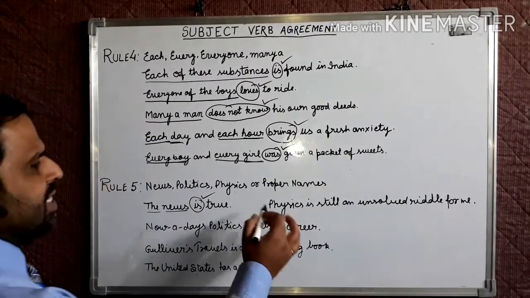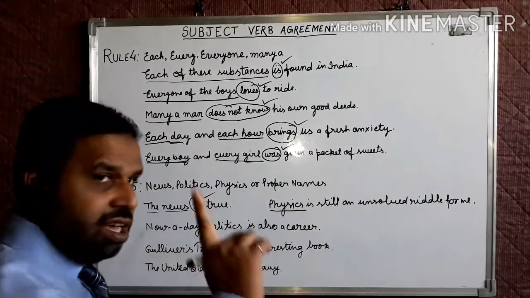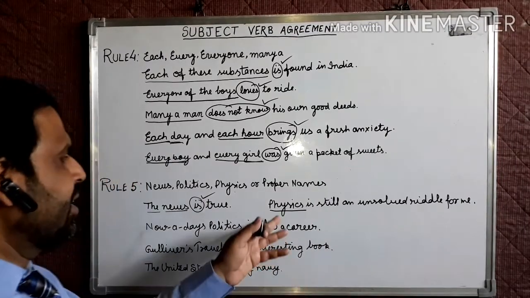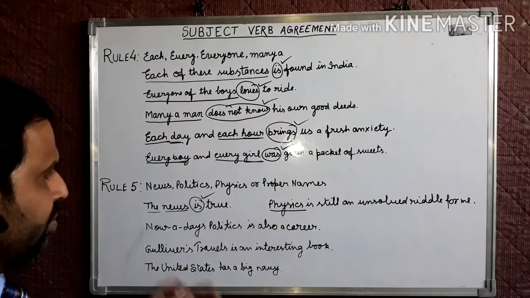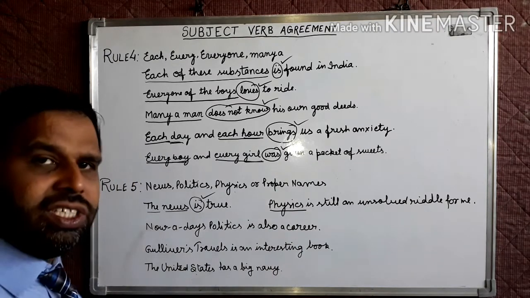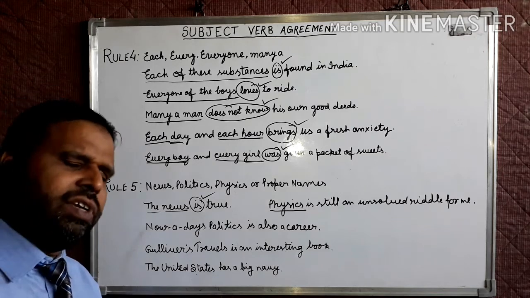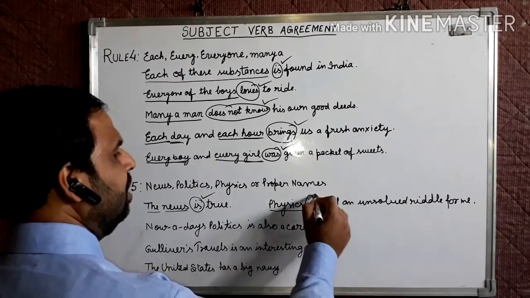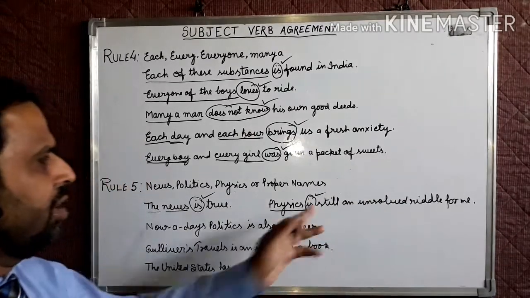So physics is the name of a subject. We see that S is there in the end and it looks in formation as plural, but physics is always considered singular. That's why the verb that we have used here is in singular number.